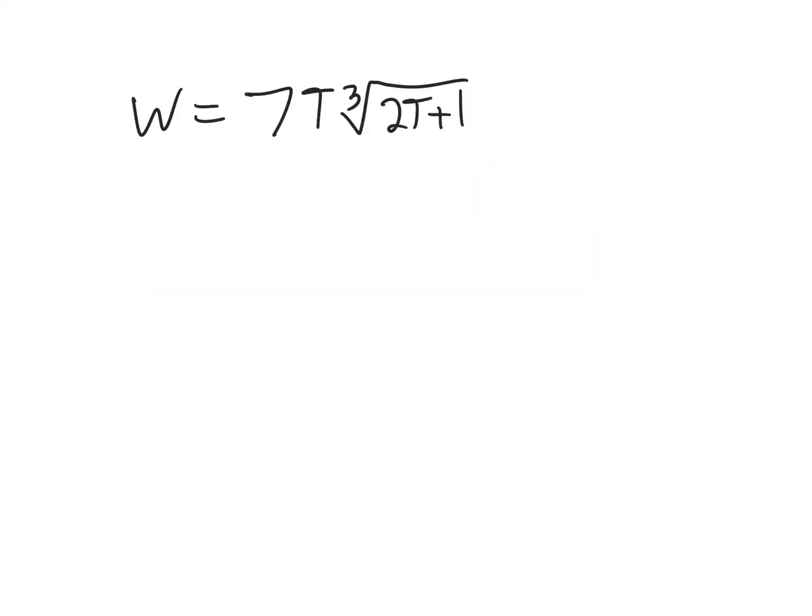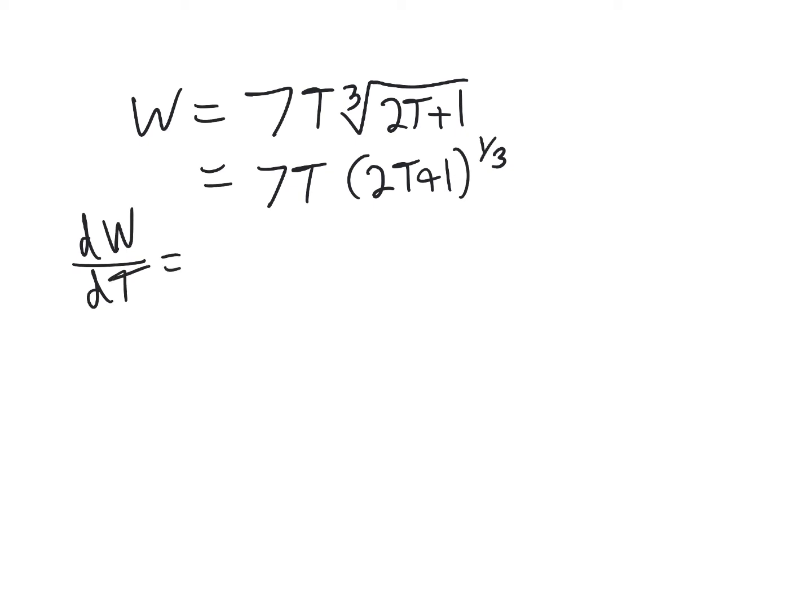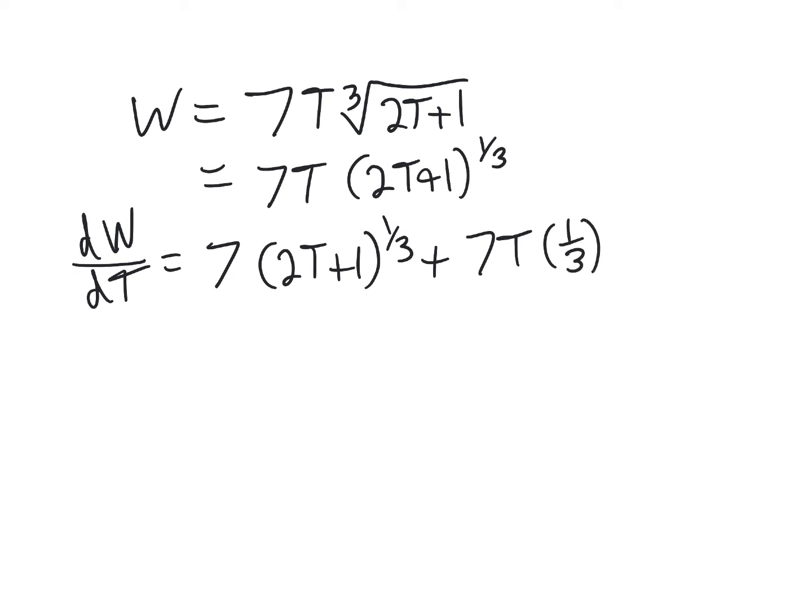Another one using the product rule. This one we're going to rewrite first because we have a root. This is a cube root, so it's to the power of 1/3. So derivative of the first is 7. Rewrite the second plus the first, derivative of the second using the chain rule.